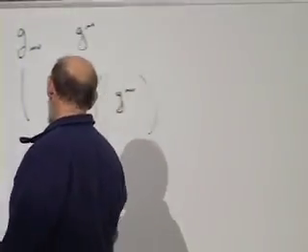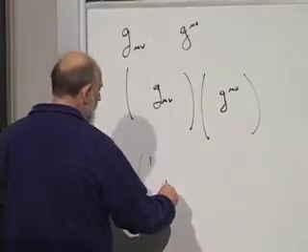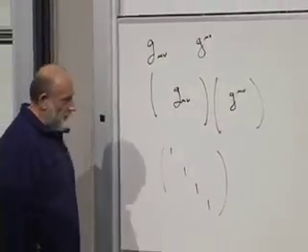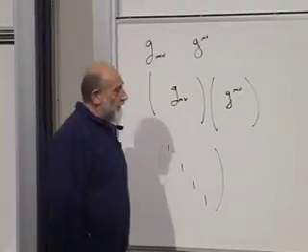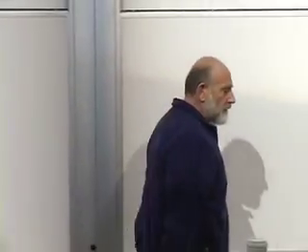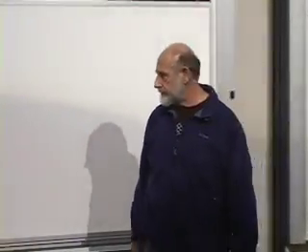That means if you multiply them together as matrices, the result is the unit matrix: 1, 1, 1, 1, with zeros everywhere else. That's statement number one. So we have these two matrices, which are related by the fact that their product is the unit matrix.